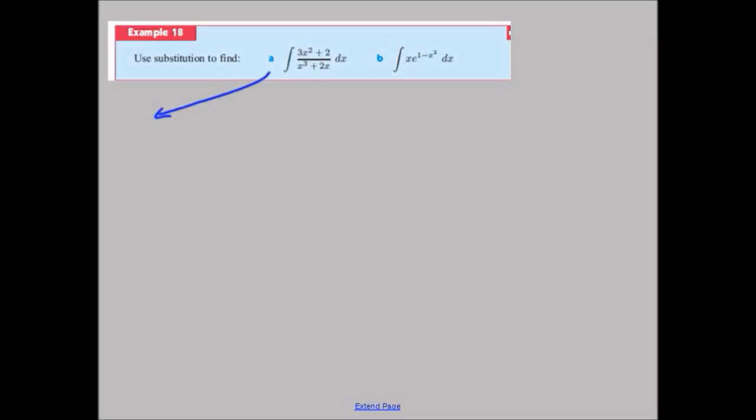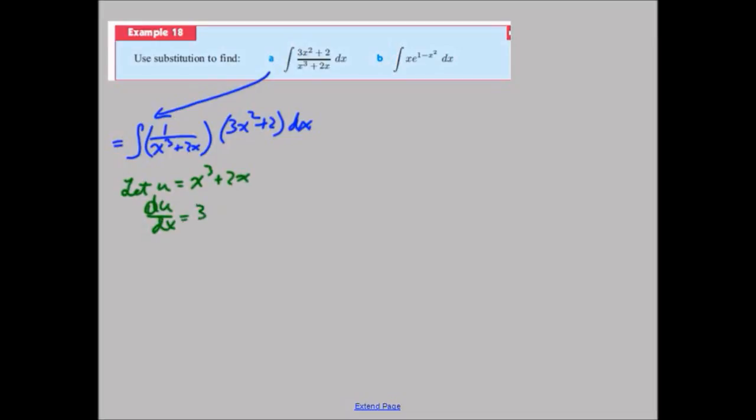So we could say this is equal to 1 over (x cubed plus 2x) multiplied by (3x squared plus 2) dx. Let u equal x cubed plus 2x, du/dx is then 3x squared plus 2.